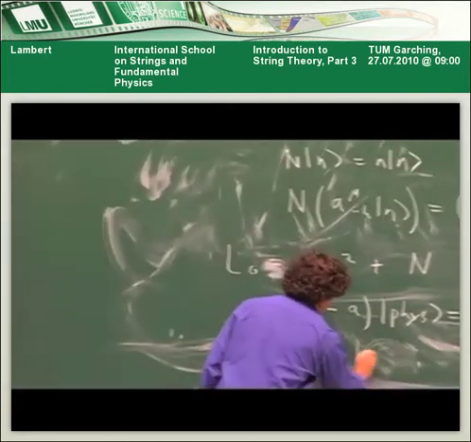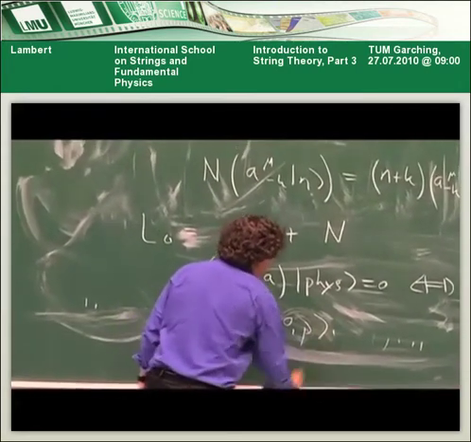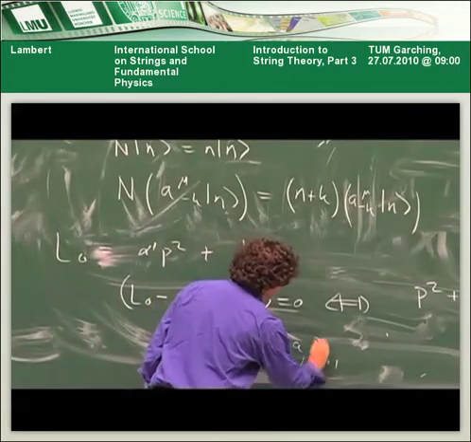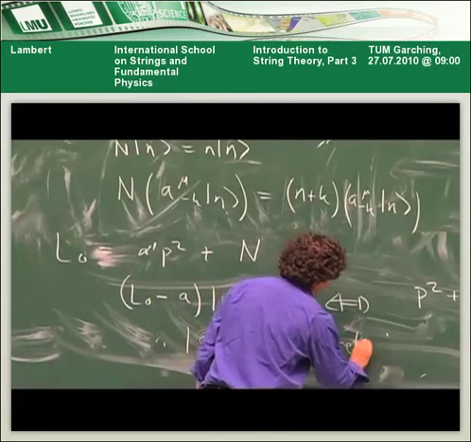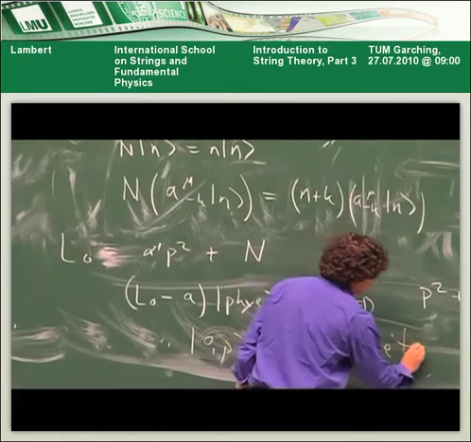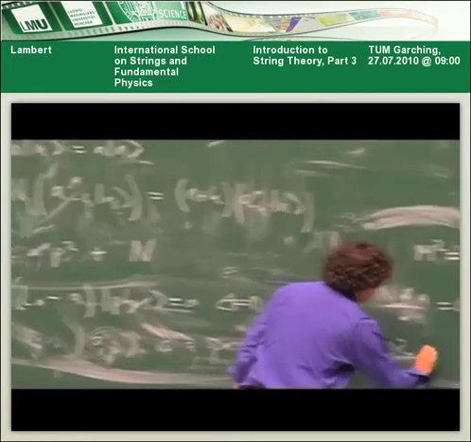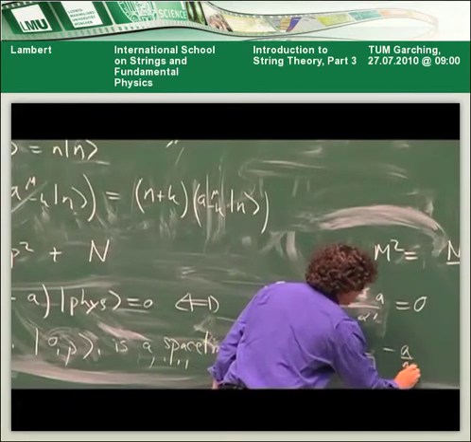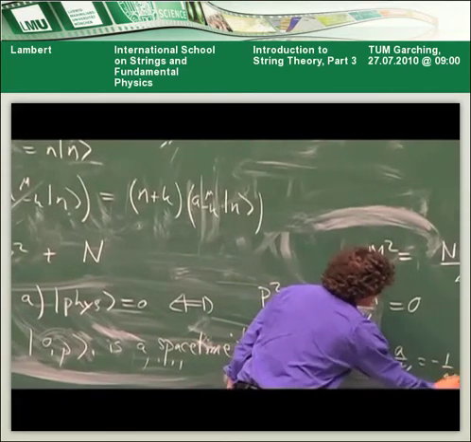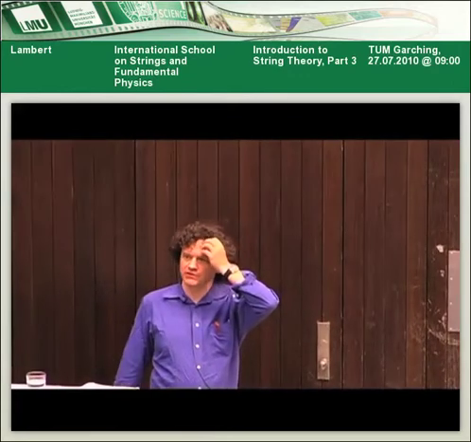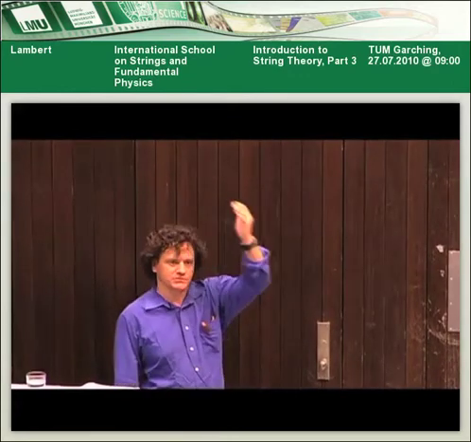So the ground state 0p is a space-time tachyon, because p squared is minus a over alpha prime, which is minus 1 over alpha prime for us. So this is one of the problems of the bosonic string, which we're going to ignore because it goes away in the superstring.